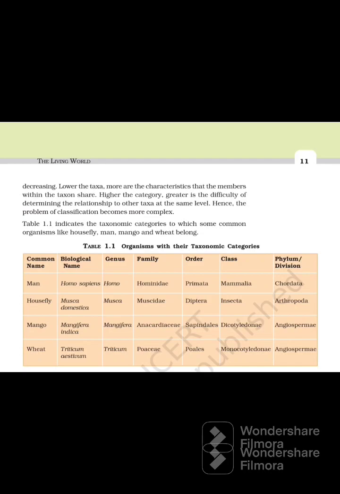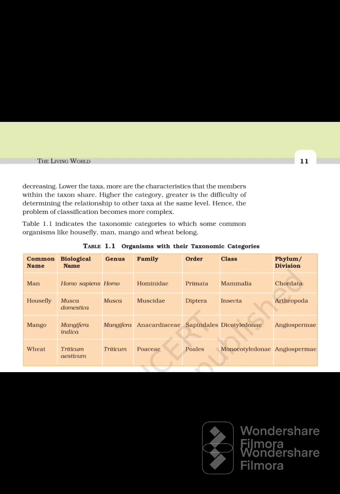Number one, man. Common name is man. Biological name is Homo sapiens. Genus is Homo. Family is Hominidae. Order Primata. Class Mammalia. Phylum or division is Chordata.